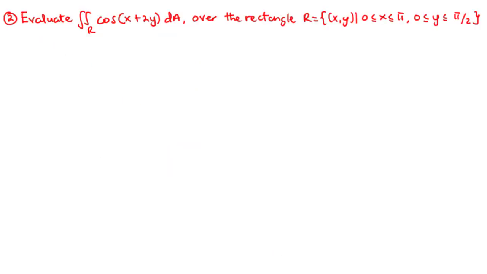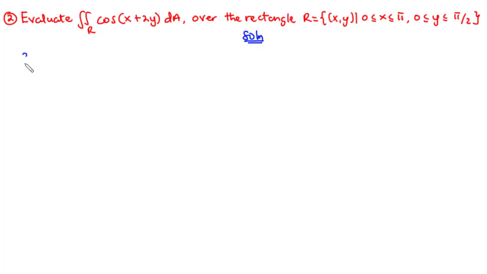So to example 2, we are also going to evaluate this double integral over the region R specified as the set of all ordered pairs (x, y) such that 0 is less than or equal to x is less than or equal to pi, 0 is less than or equal to y is less than or equal to pi on 2.